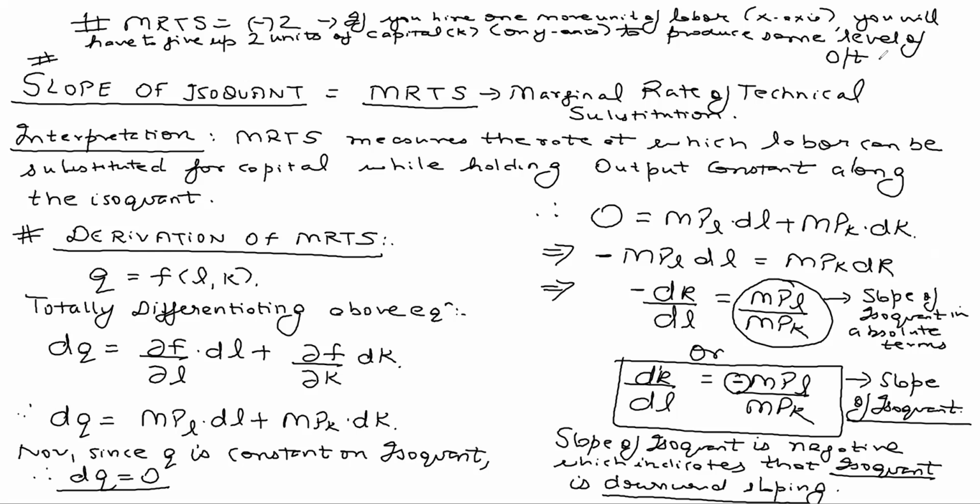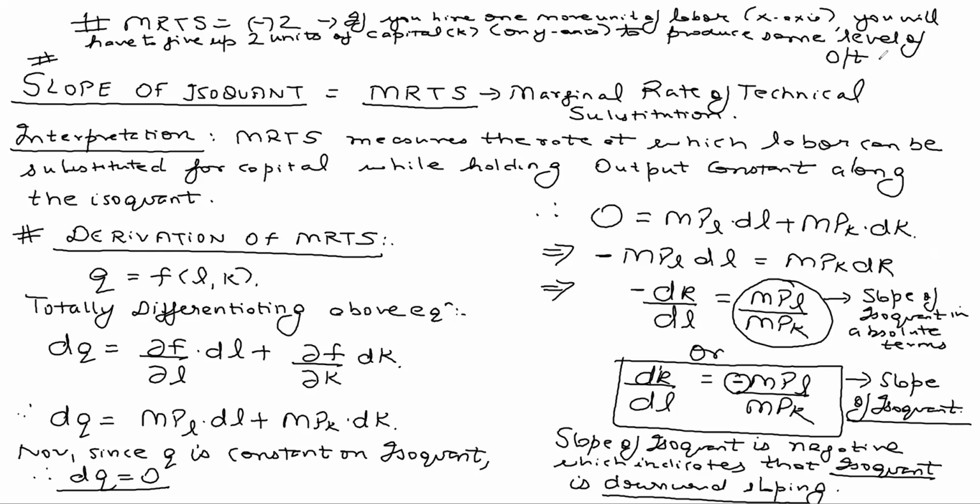You can also interpret it like this. MRTS equal to -2 will also mean that if you give up one more unit of labor on the x-axis, you can have 2 more units of capital on the y-axis to produce the same level of output. So both the interpretations are correct.